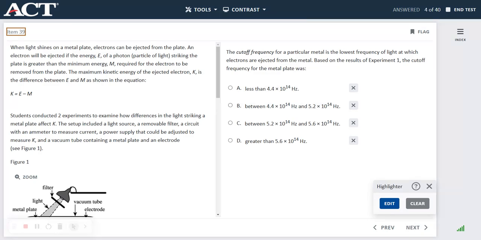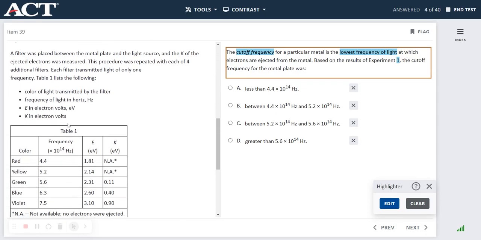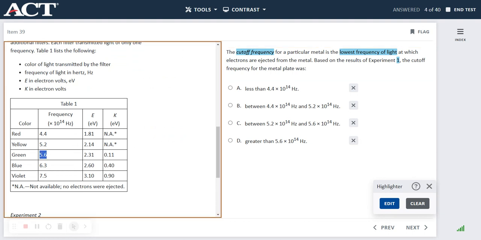39, the cutoff frequency. So we have something that's in italics here, so this new information. For a particular metal, it is the lowest frequency of light at which electrons are ejected from the metal. Based on the results of experiment 1, what was the cutoff frequency? So the lowest frequency of light. So frequency is here. And we don't count these first ones, right?